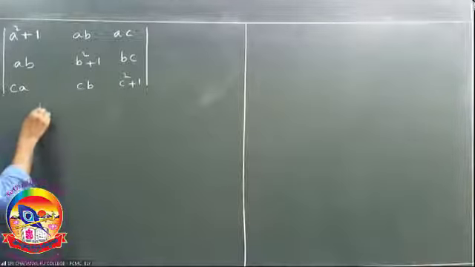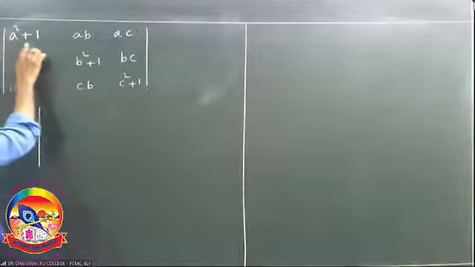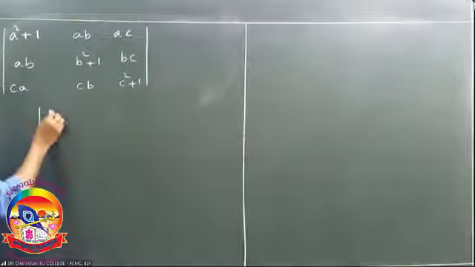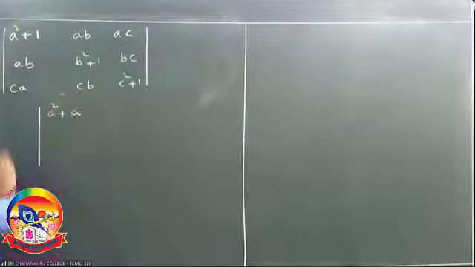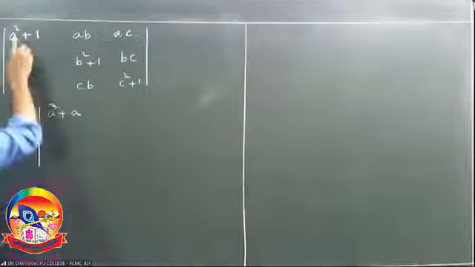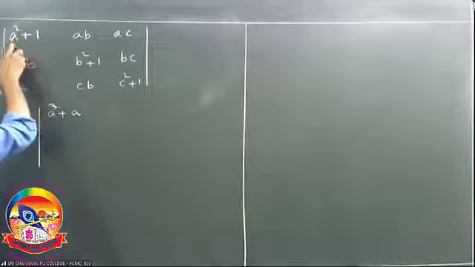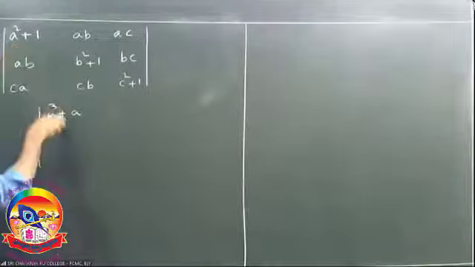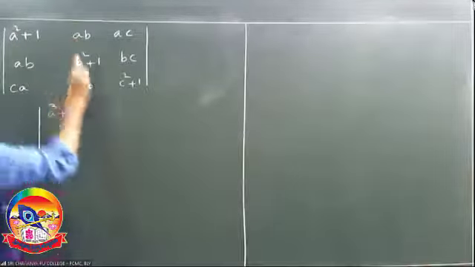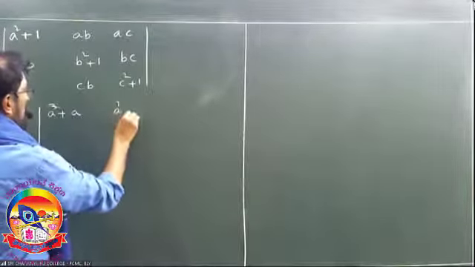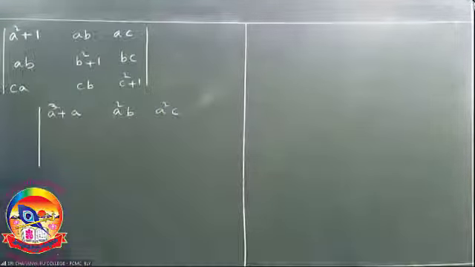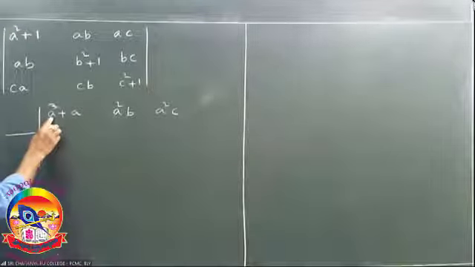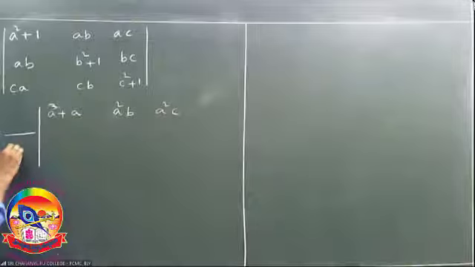First of all, I am going to multiply this entire row by a. It becomes a square plus a, am I right? a cube plus a, and this a square b, a square c. Now if I multiply this by a, I should divide by a. I am repeating this step.